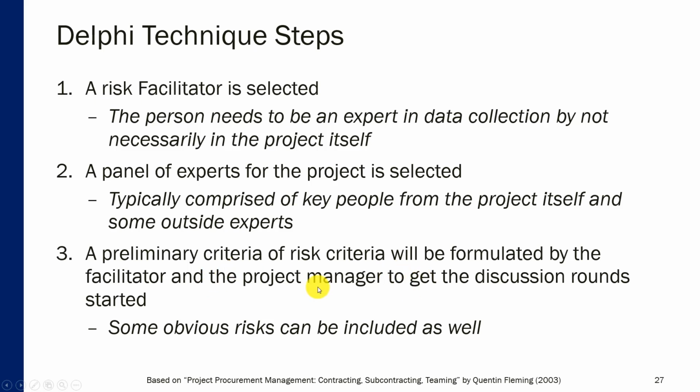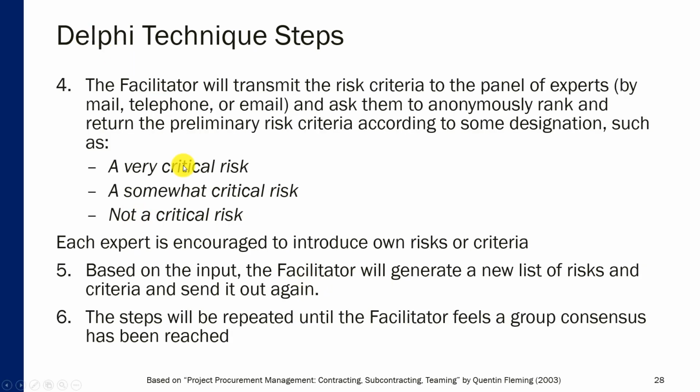It's either a list of ideas or a list of questions or both. Some obvious risks can be included during this stage, just to eliminate the need for the team members to discuss the obvious, or simply to help them get started.